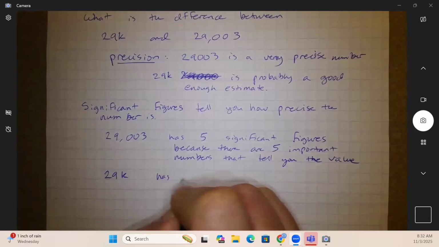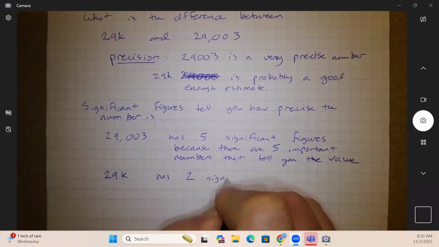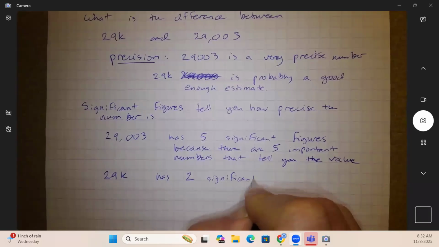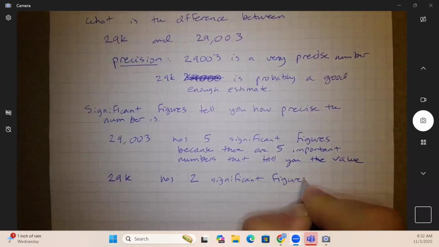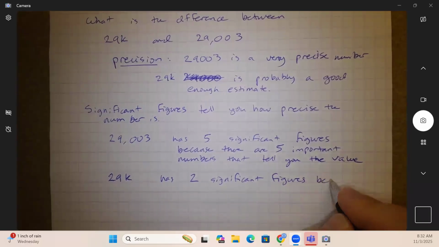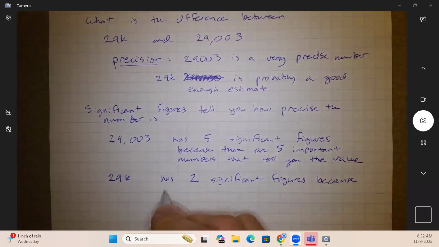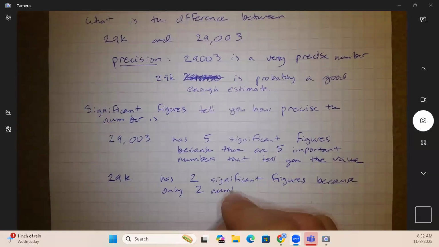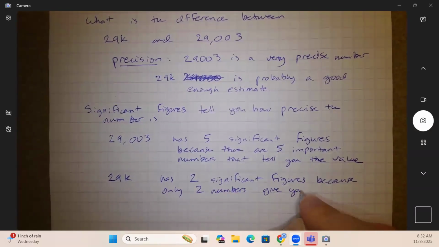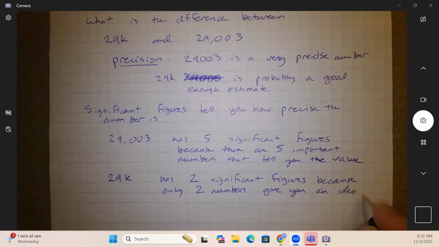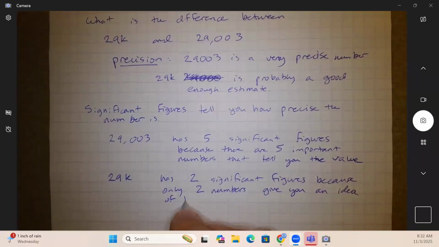$29K has 2 significant figures, because only 2 numbers give you an idea of the value.